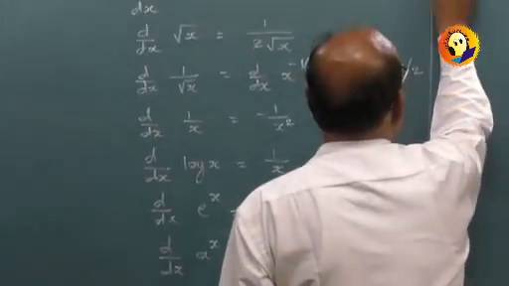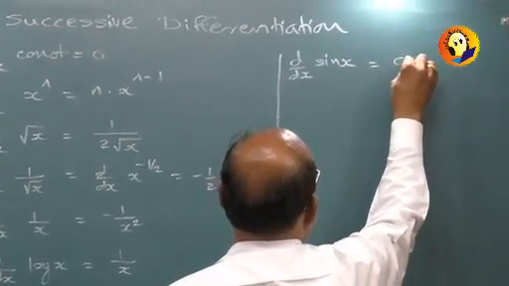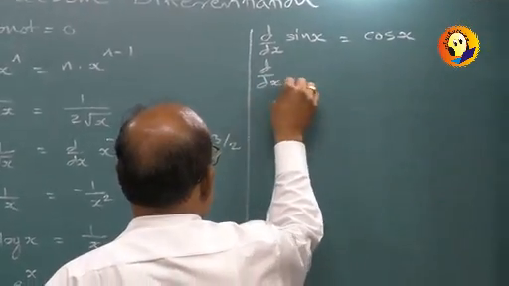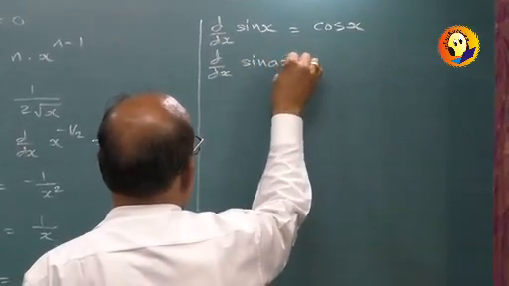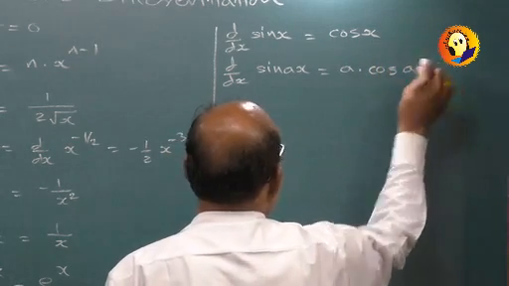Then we have d by dx of sin x is cos x. D by dx of sin ax is a into cos ax.